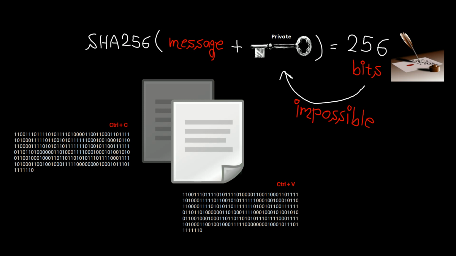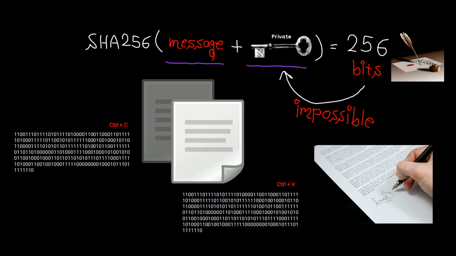Please note the output depends on both the message and the private key. Unlike the handwritten signature that looks exactly the same on all documents, the digital signature will change as the message changes. To understand this, let me run a simple example. Let's say this is our message.